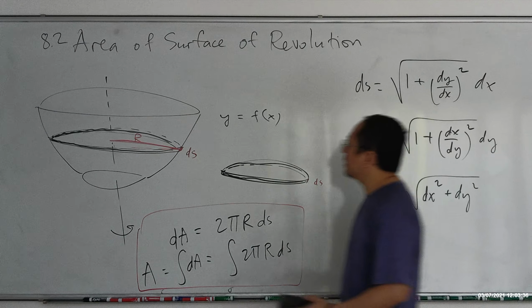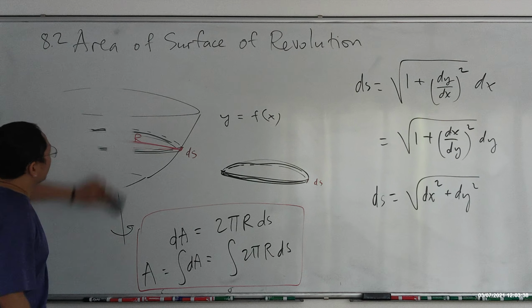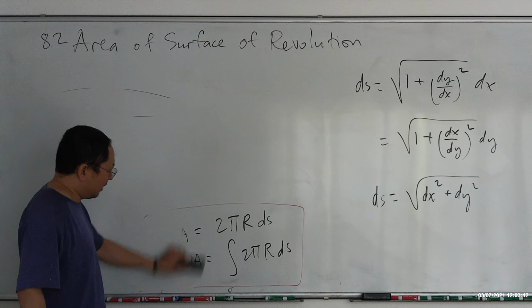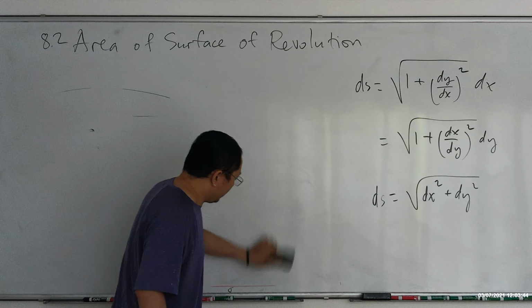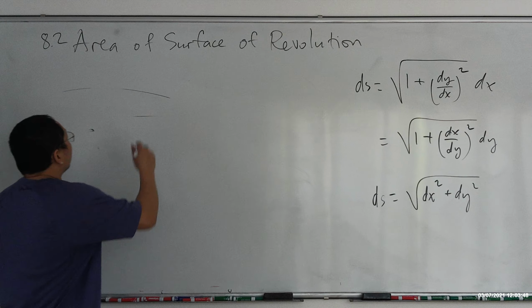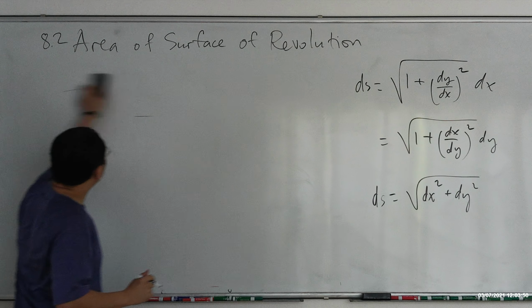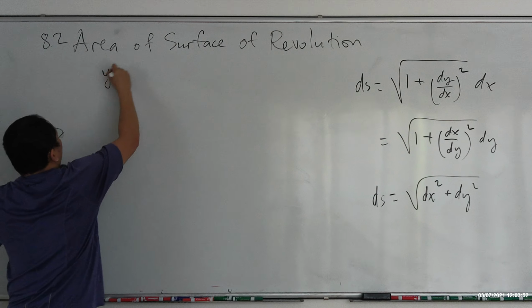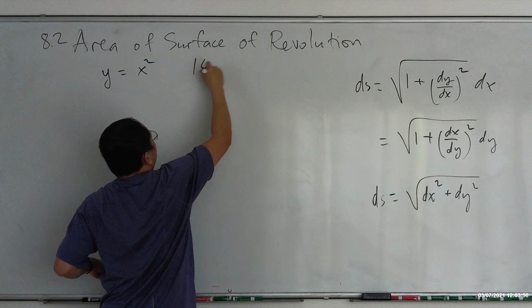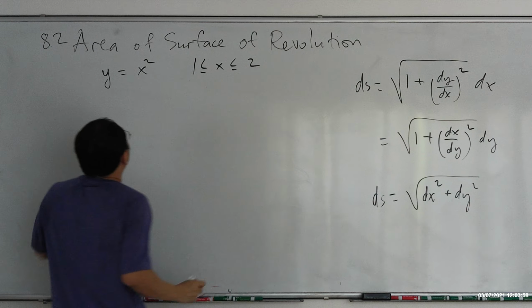Okay, so let's start with an example. Let me just choose an easy function. I'll show you many versions of it, different problems using the same example. Say I have the curve y equals x squared, with x from 1 to 2, to make it easy. So 1 is less than or equal to x, less than or equal to 2.